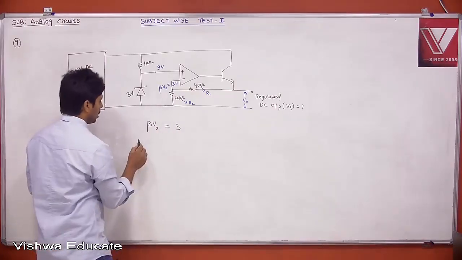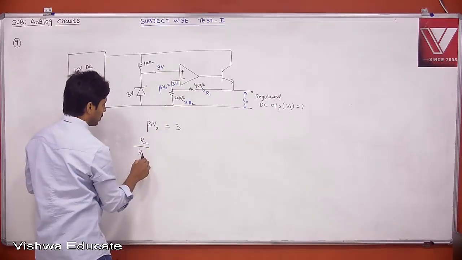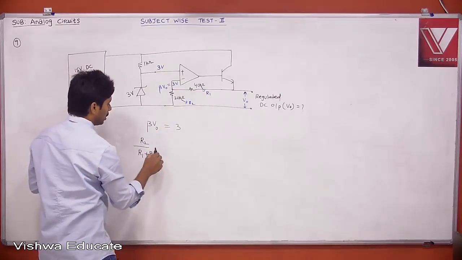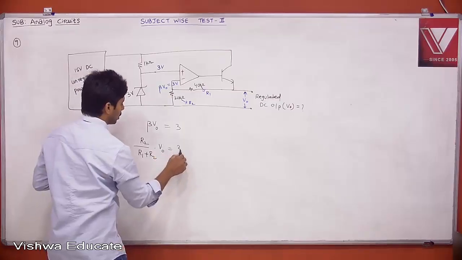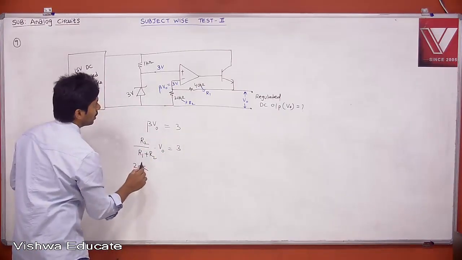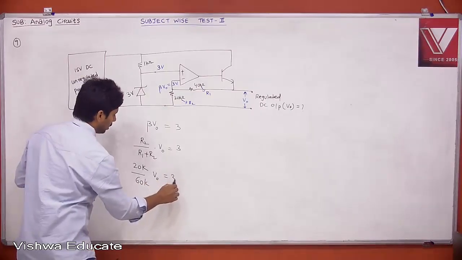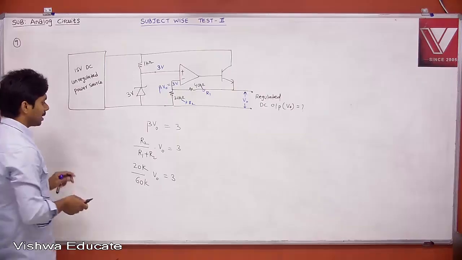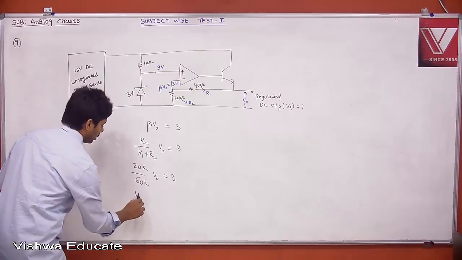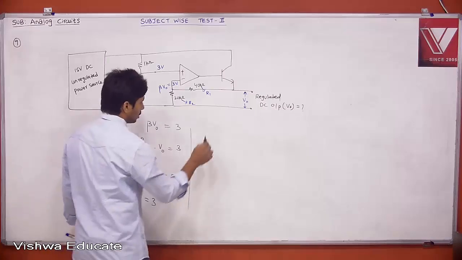What is beta? R2 divided by R1 plus R2, times V0, is equal to 3. R2 is 20k, so 20k divided by 20k plus 40k, that is 60k, times V0 is equal to 3. The k's cancel, it is 1 by 3. V0 by 3 is equal to 3. Then V0 is equal to 9 volt.